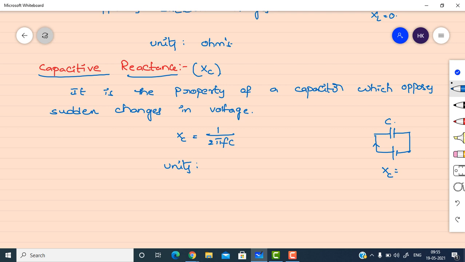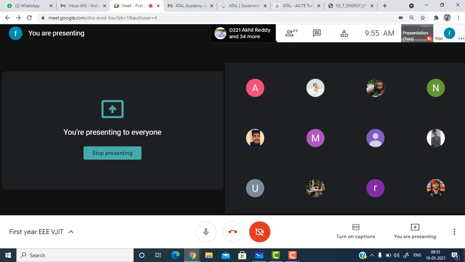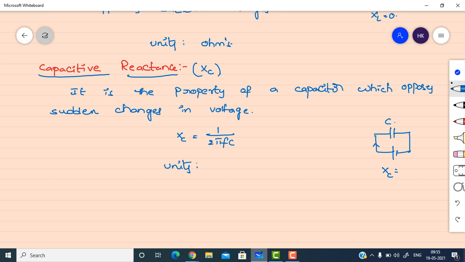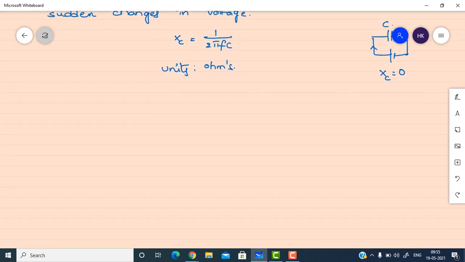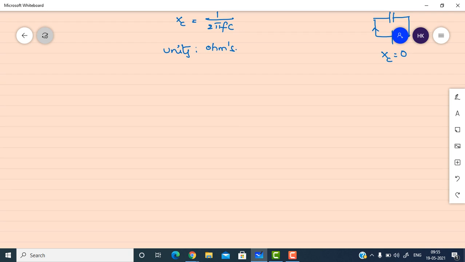Then what about the capacitive reactance? Is there any capacitive reactance for the DC circuits? It is 0. And units, again for this also ohms. So this is about inductive reactance and capacitive reactance. In case of DC circuits, these XL and XC values are 0.